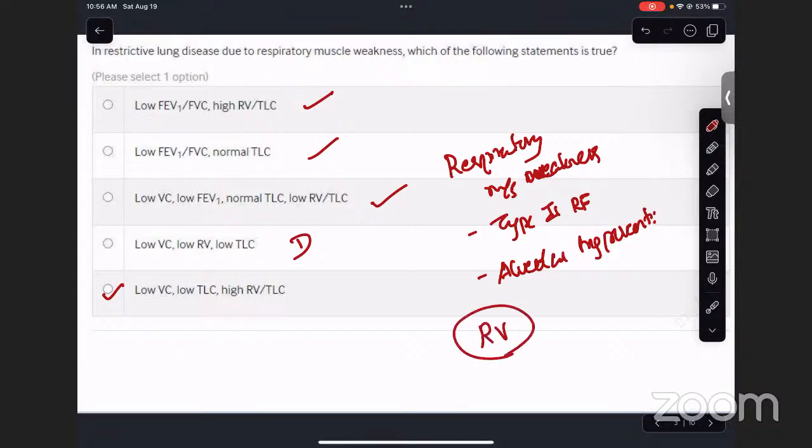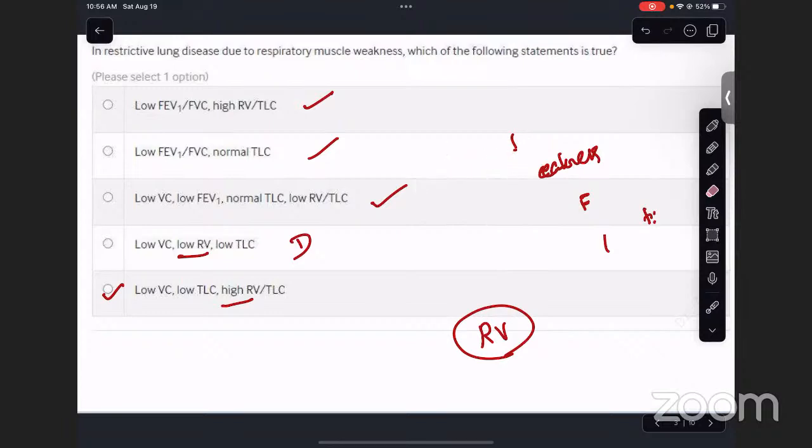So high residual volume will be the correct answer, because low residual volume is not likely in this clinical scenario. Okay, so the correct answer will be E.